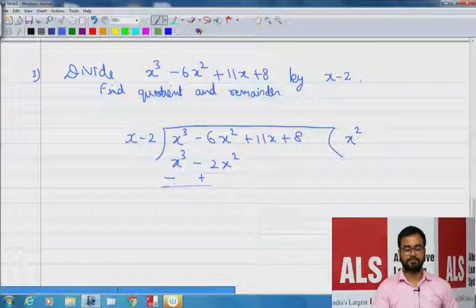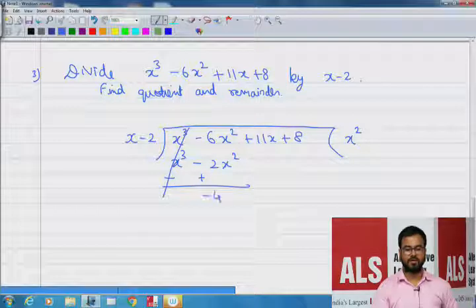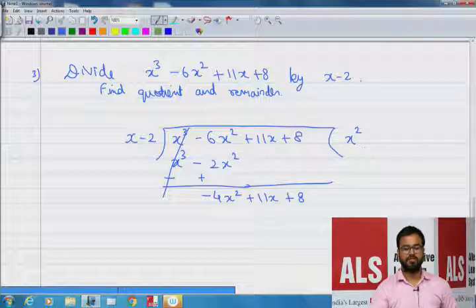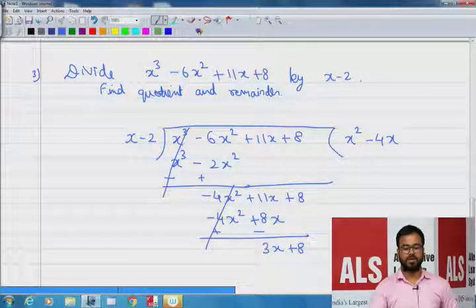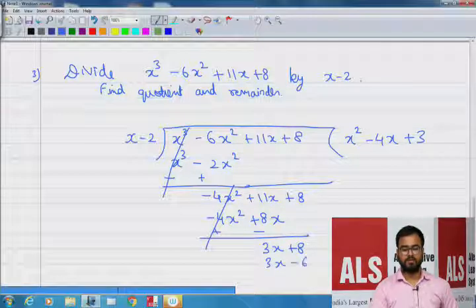Subtracting, it is minus 4x square plus 11x plus 8, and then multiplying by minus 4x, so x into minus 4x. Now multiplying by 3, so the remainder comes out to be 14.